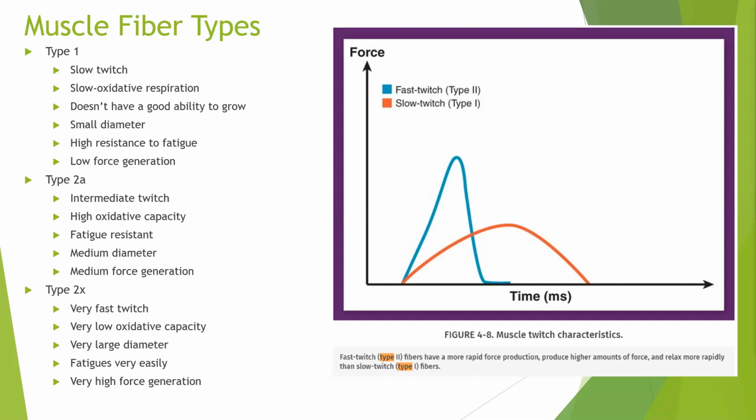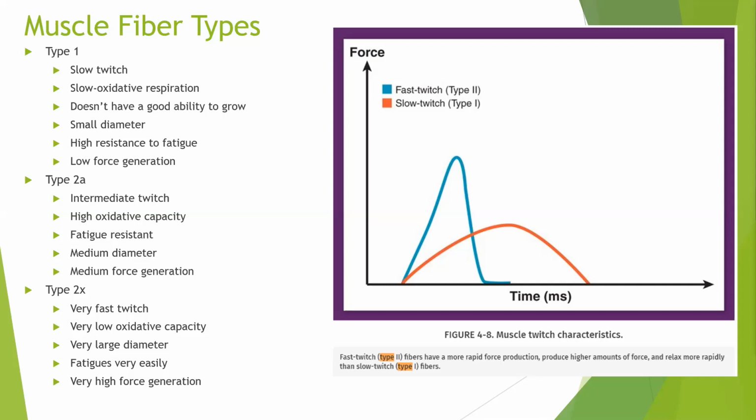You have purebred dogs, and then you have mixed breeds, or for lack of a better word, mutts. With our muscle fiber types, we have purebred muscle fiber types, and we have what are known as hybrid muscle fiber types. If you look at a breakdown of muscle fiber types, you'll see that the two types of muscle fibers we have are type 1 and type 2. However, in between all those are a bunch of different hybrids.